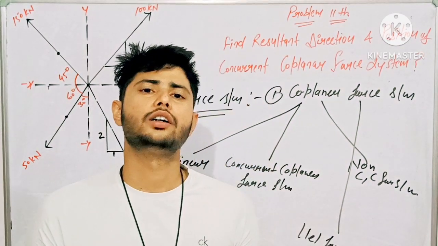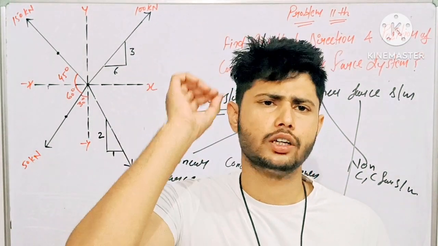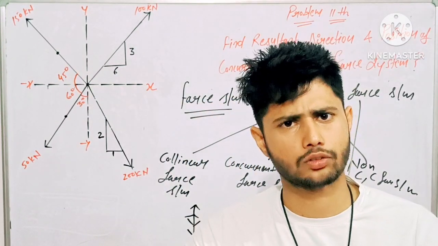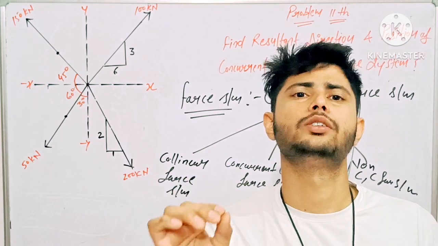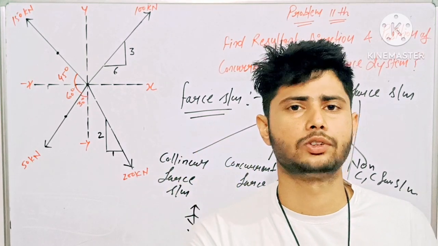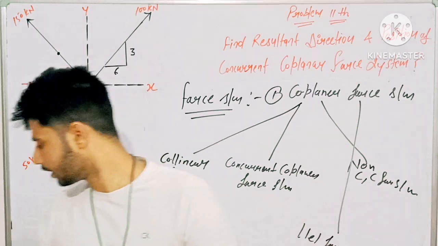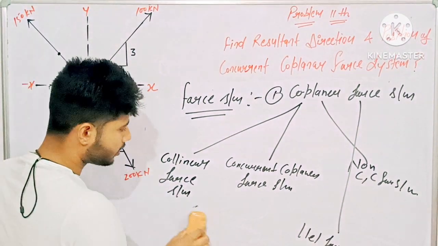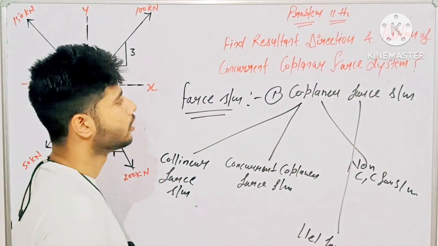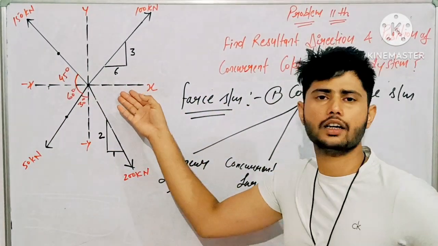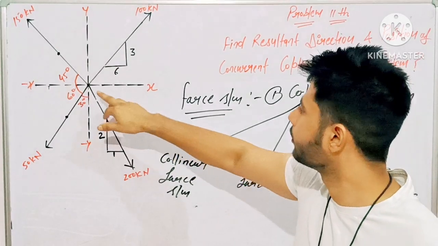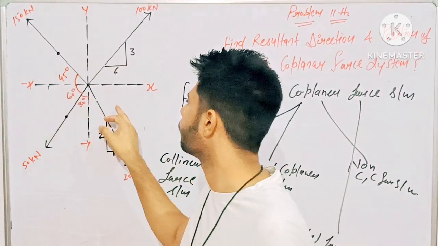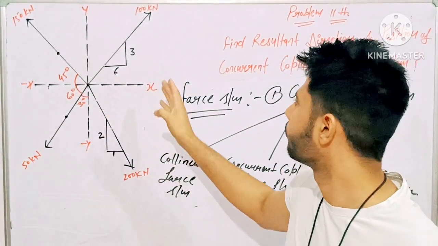Next, concurrent coplanar force system. This is the important part, and maximum problems are based upon concurrent coplanar force system. This is an example of concurrent coplanar force system. Watch carefully, this is the point, and there are four inclined forces.